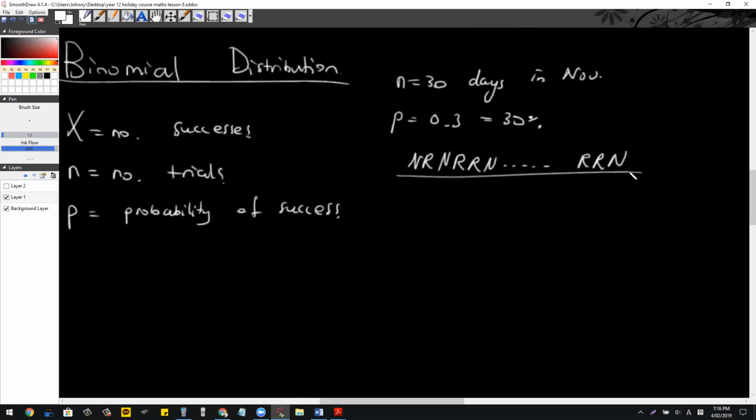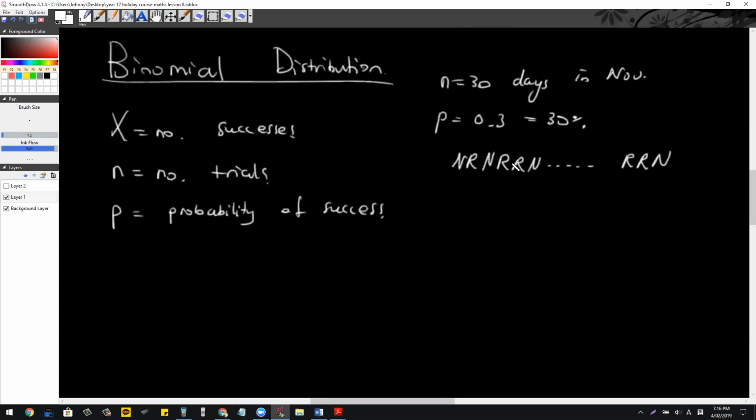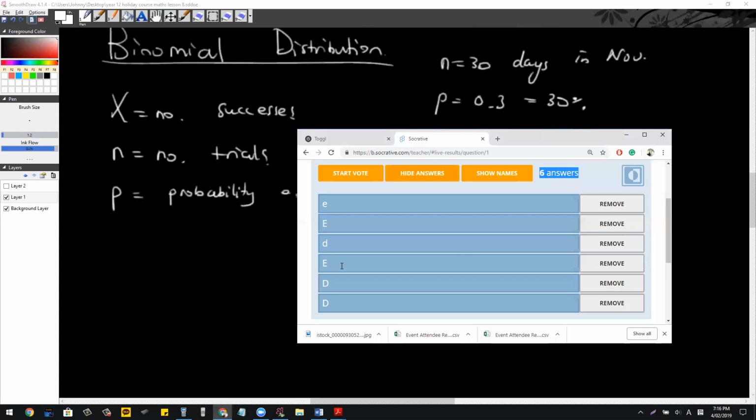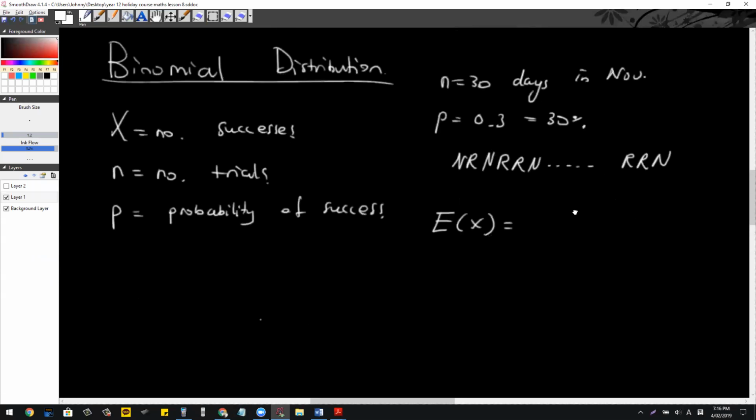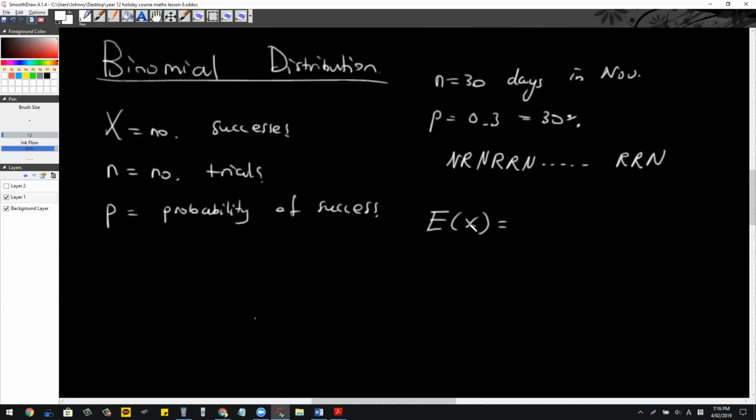So this is a particular arrangement of 30 days. Now you may want to know what is the most probable outcome, what is the expected number of days of rain, or the expected number of successes in this case?